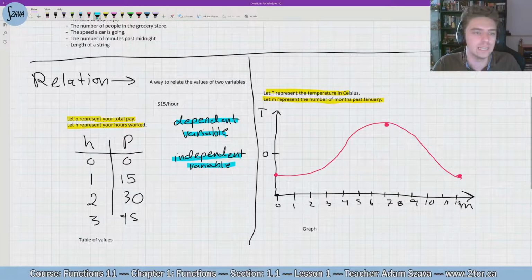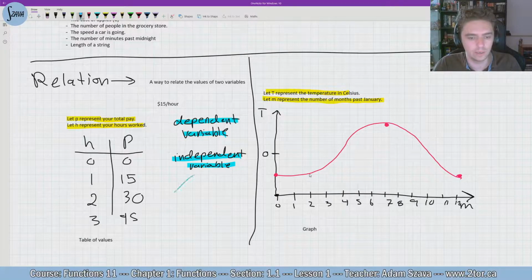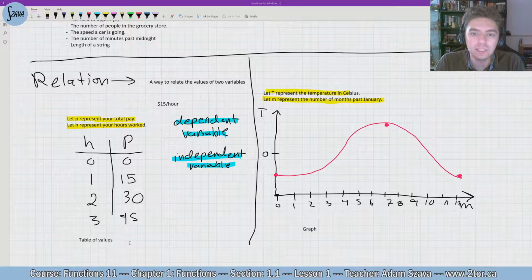Essentially, the independent variable carries on no matter what. The dependent variable only carries on if the independent variable carries on. In a sense, it depends on the independent one. So the amount you get paid doesn't just keep increasing. If I were to ask you how much I should get paid, you would probably say, how many hours did you work?